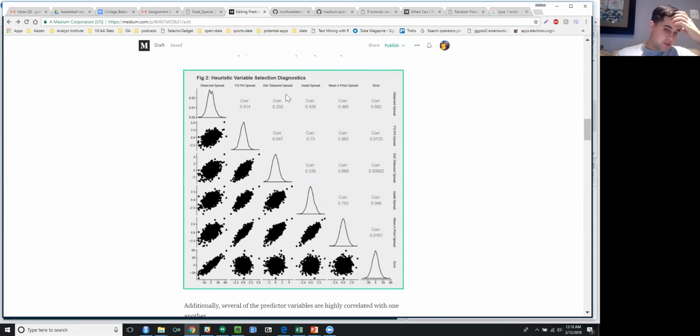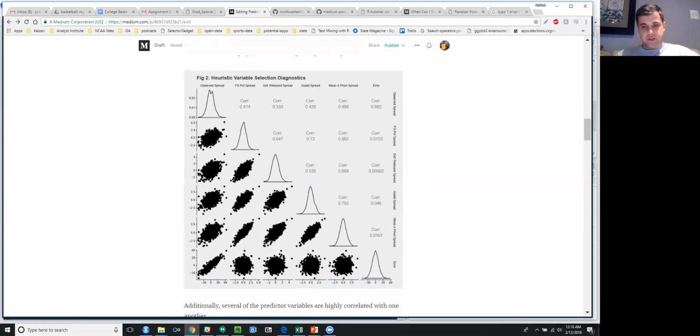The correlation coefficient on it was in the 20s, and as you can see from this, this is a GGpairs plot from the GGally R package. Essentially what it does is it shows the pairwise distribution of all variables included in the model, as well as the observed point spread and the error.